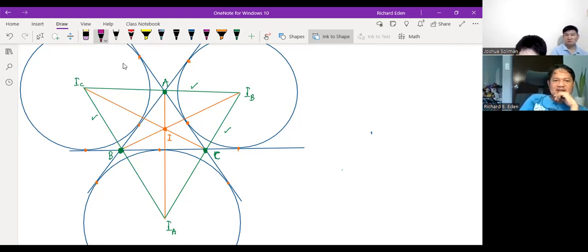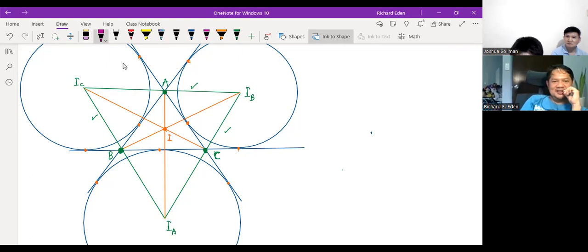They are the altitudes. So the orthocenter of the large triangle is the incenter of the little triangle ABC.